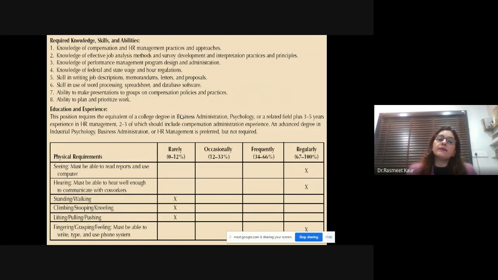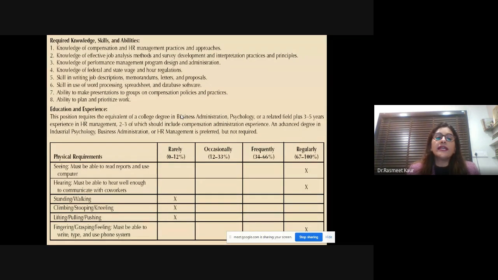But the prime requirement is that his vision should be good, because he has to read reports and use the system. He should have good hearing ability, because he should be able to hear and communicate with co-workers. So these are the skills which will be required on a regular basis.